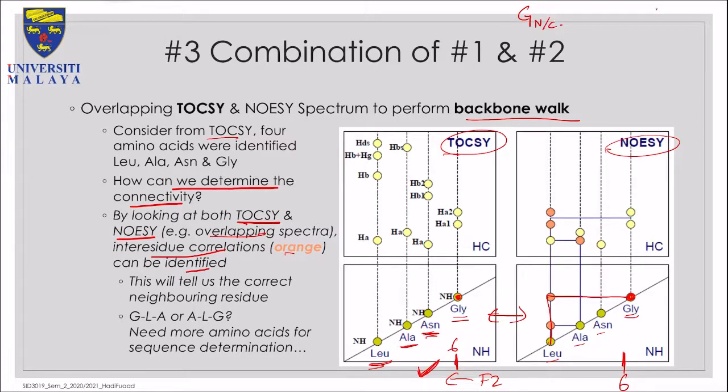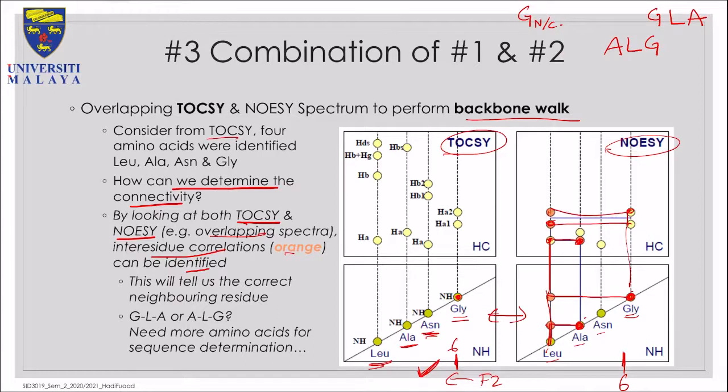So you either have G and then L on this side, or G and then L on that side. Then you can also see that alanine is connected to leucine. So you can either have alanine over that or alanine over here. And you can also see this alanine connecting to a different peak of the leucine. And glycine similarly, this is how you validate.